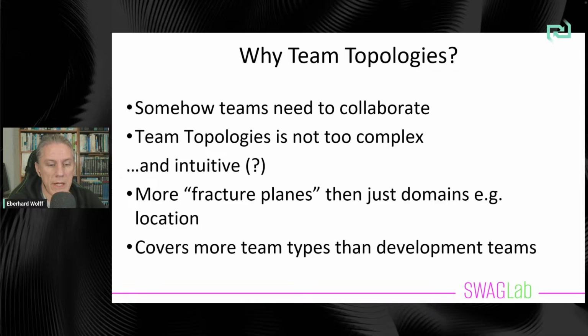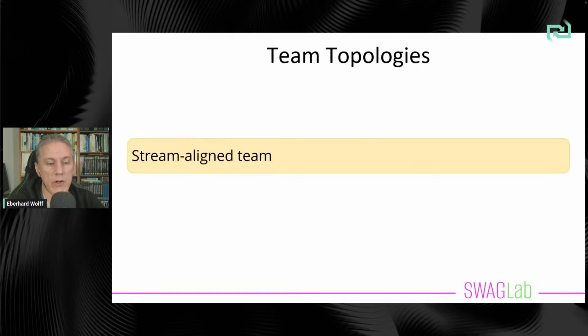And team topologies also covers more than just development teams, which is also a difference to the inverse Conway maneuver and a lot of traditional thinking, because obviously there are teams that do, well, architecture or some kind of infrastructure. So in team topologies, there are stream-aligned teams.